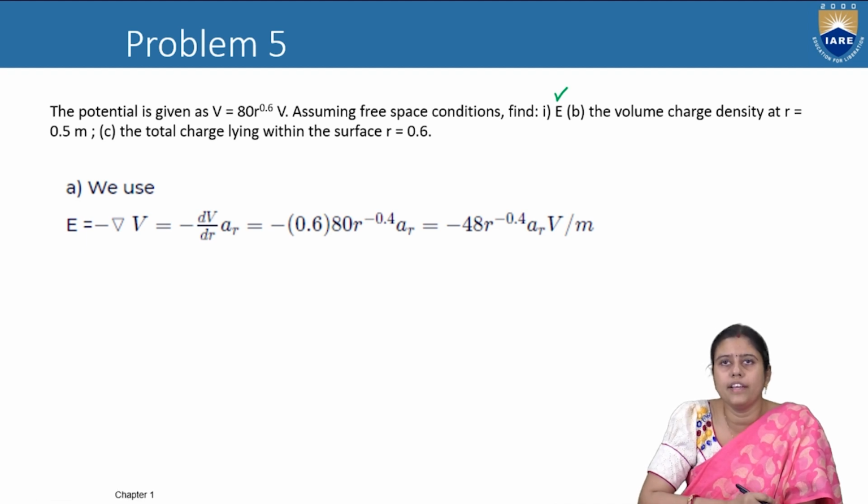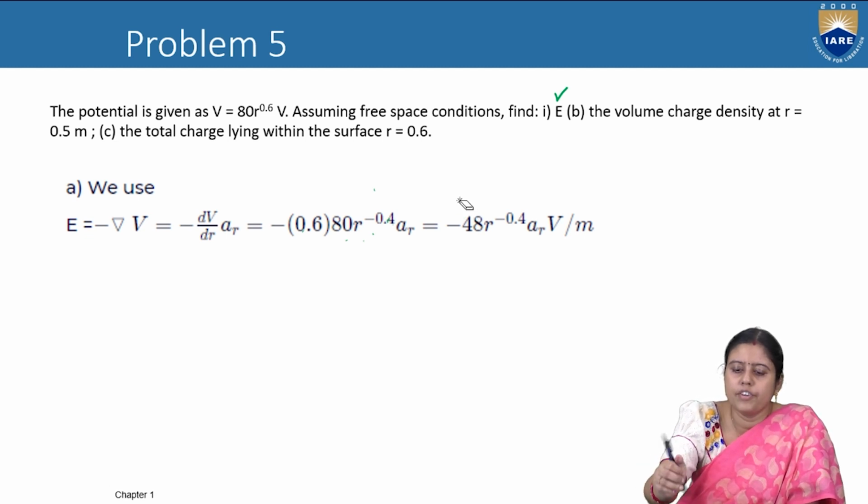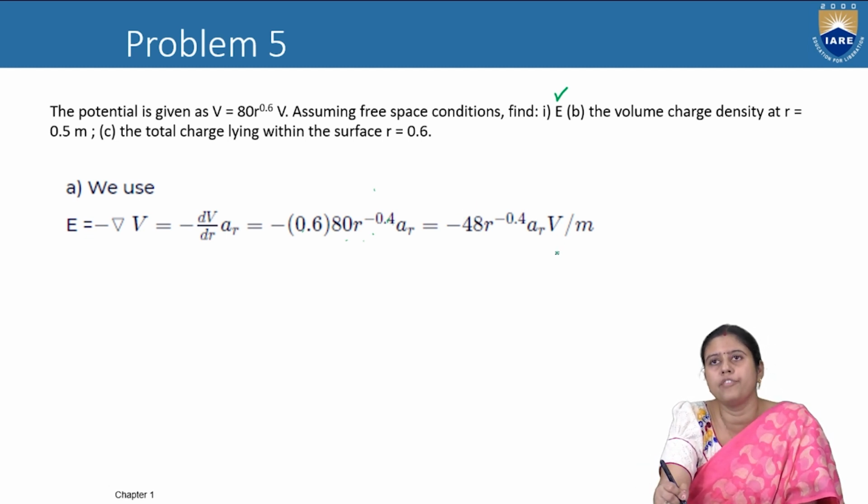Minus dV by dr AR. So 0.6 into 80 R to the power minus 0.4 AR. So it is coming minus 48 R to the power minus 0.4 AR V per meter. So we got the first equation.